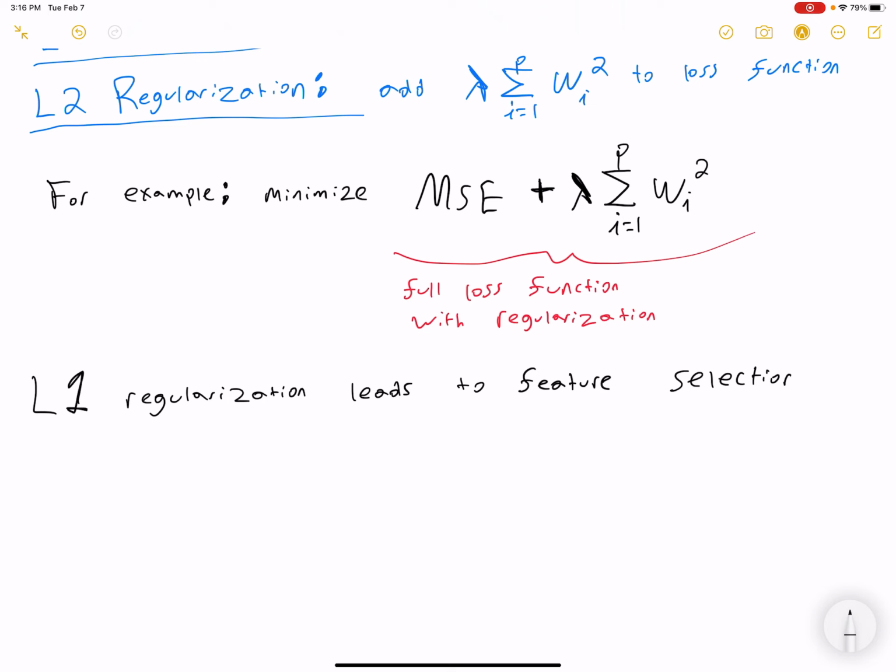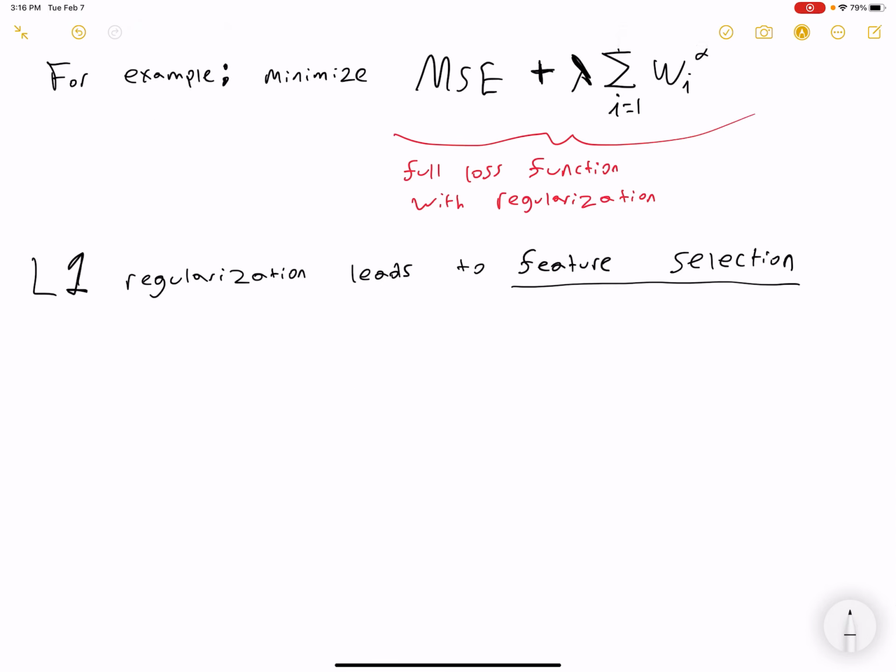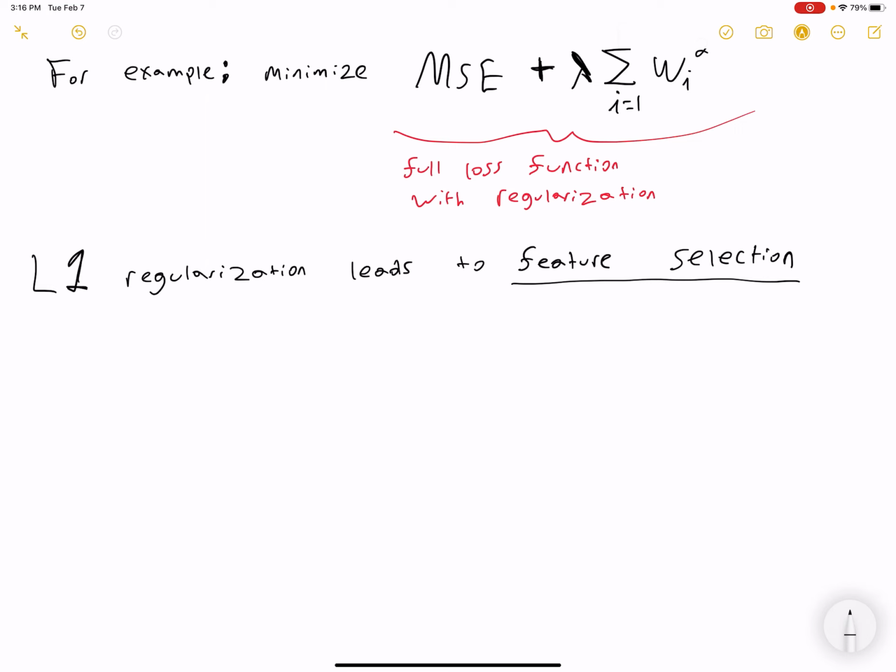Leads to feature selection, which is where we want to remove inputs from the model.